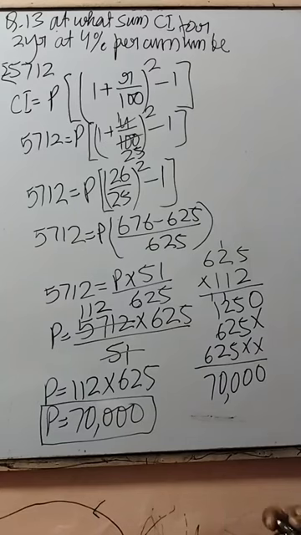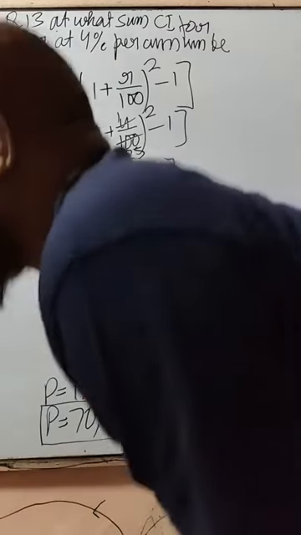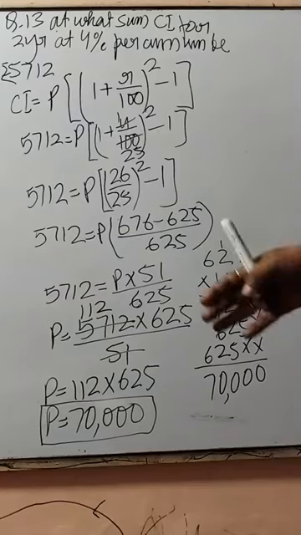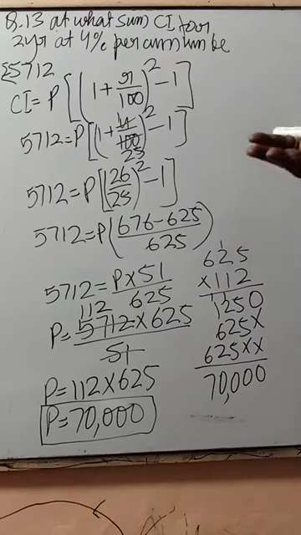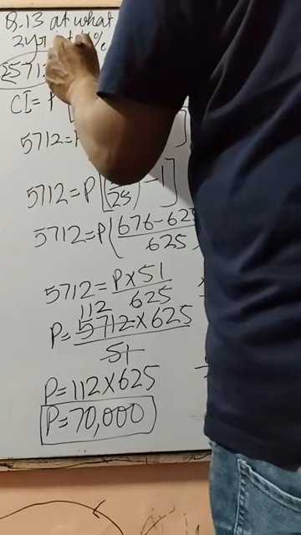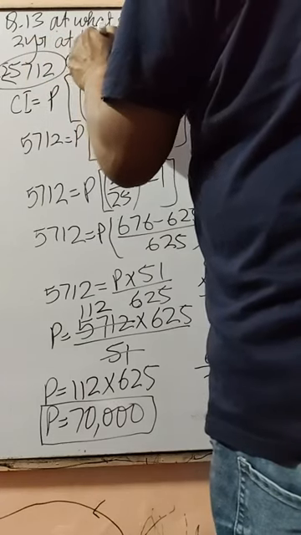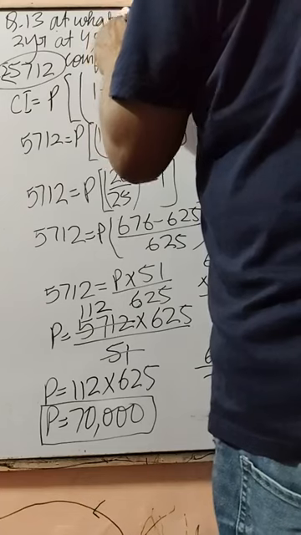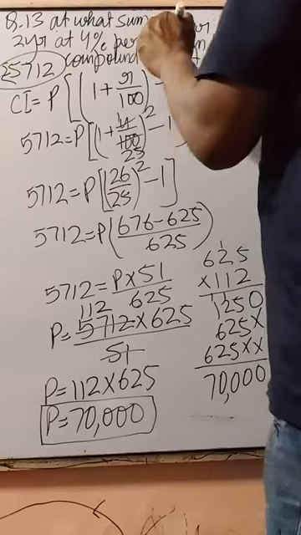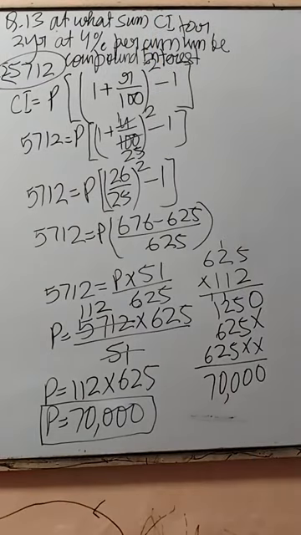This is the question we have. Basically it is given as CI, and from CI we have to find the principal. I was thinking it is amount. So this is given as compound interest. This was question number 13.